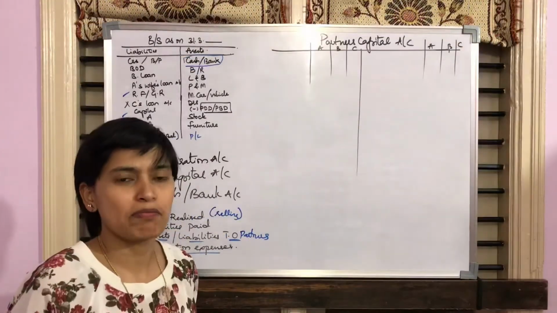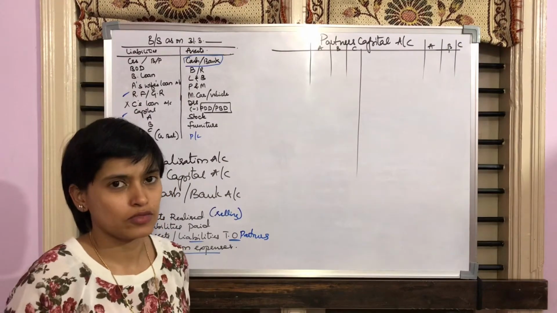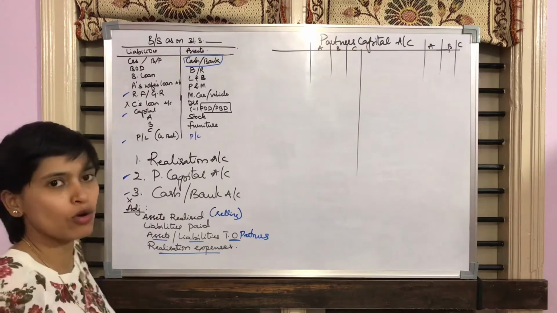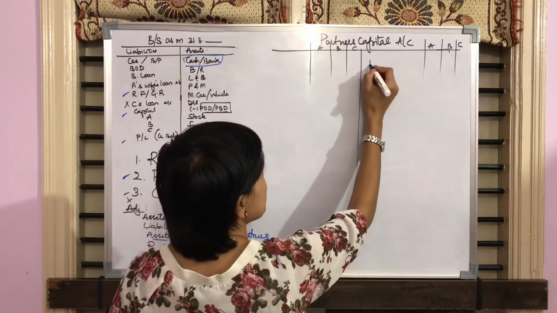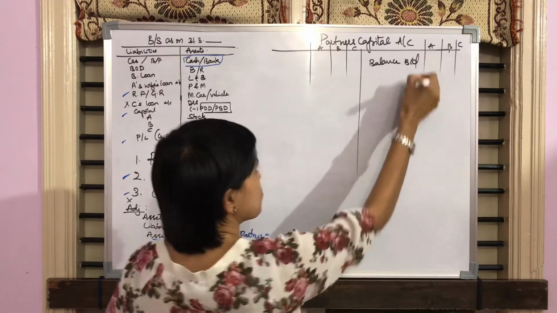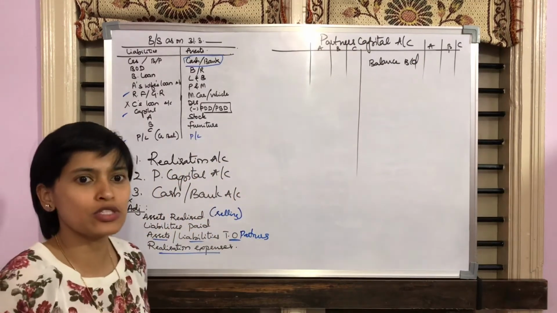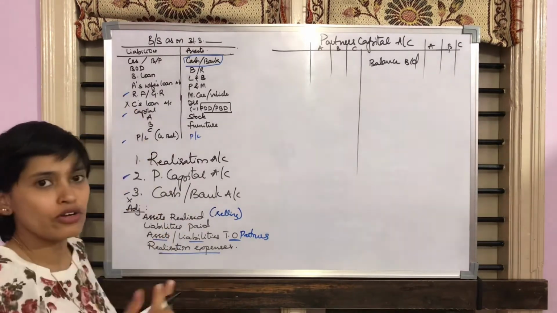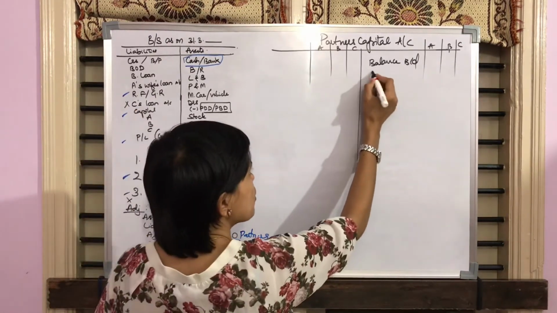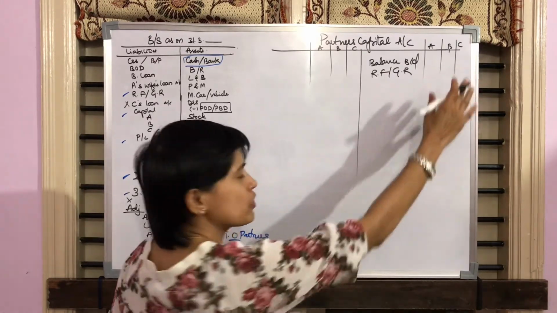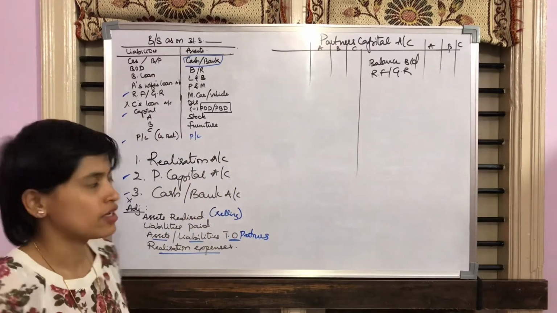Preparation of partner's capital account. First and foremost, from the balance sheet you need to bring down the capital of the partners, which will be written as by balance brought down. The next information is to look for any general reserve or reserve fund given in the question. Reserve fund or general reserve, distribute everything in the profit sharing ratio.